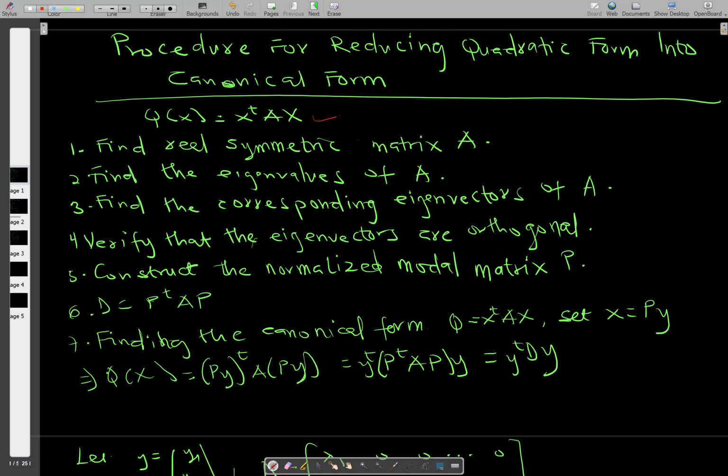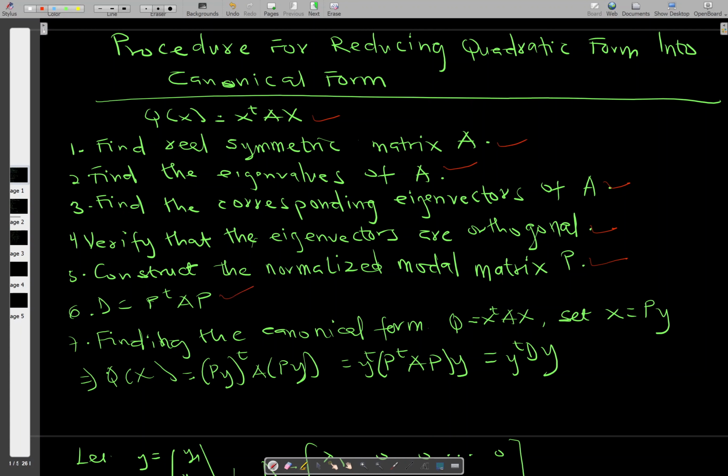This is the first step: you find the real symmetric matrix A from the quadratic form. Then you find the eigenvalues of A, find the corresponding eigenvectors of A, and verify that the eigenvectors are orthogonal. You construct the normalized modal matrix such that the columns of the modal matrix P are the normalized eigenvectors of matrix A.